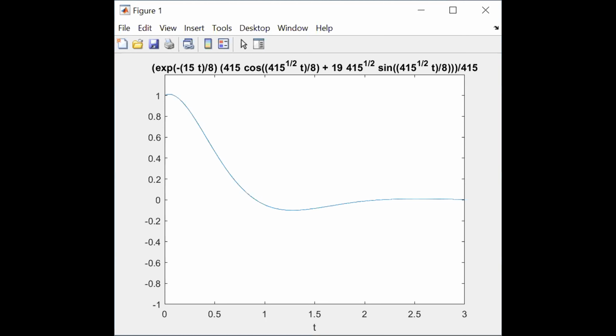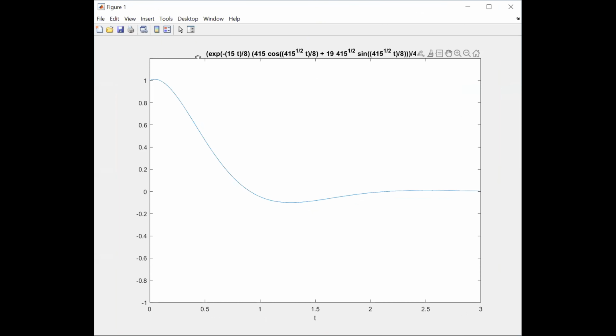Any questions here? If you look at the top, you have the expression that talks about the solution. So this is how the solution should look. Now I'm going to make a few changes.